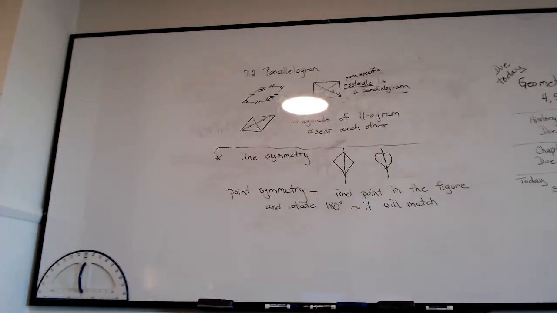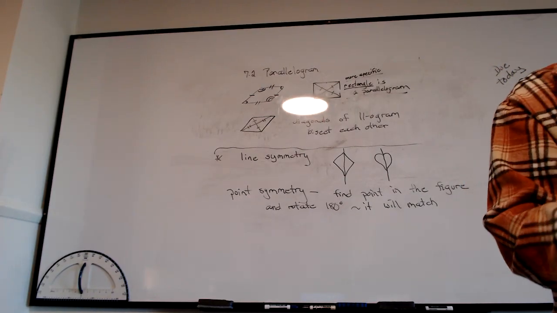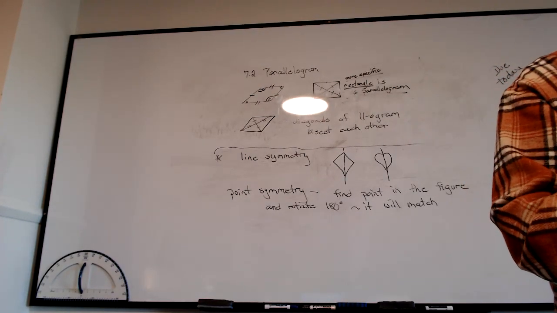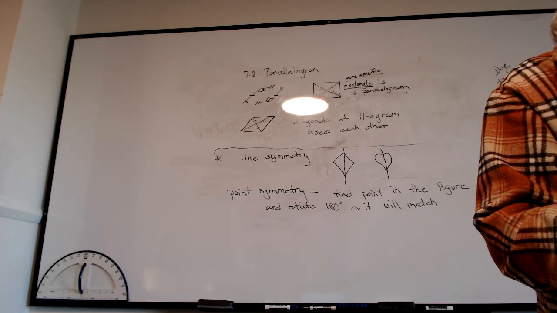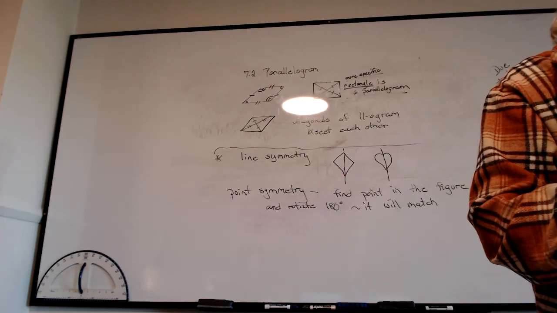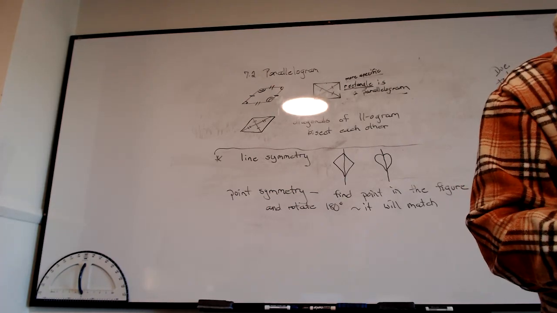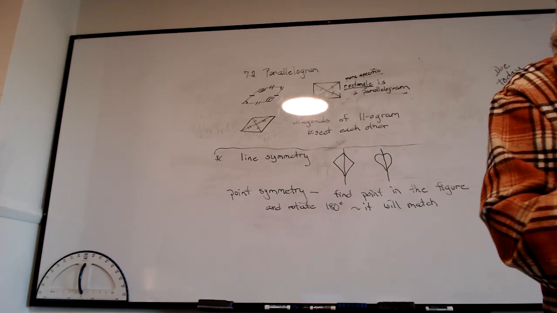Okay, that's kind of hard, so I'm going to show you, because I wanted to show everybody something like this. That one does not work. That one does. I think these do. Let me see. Oh, yes.